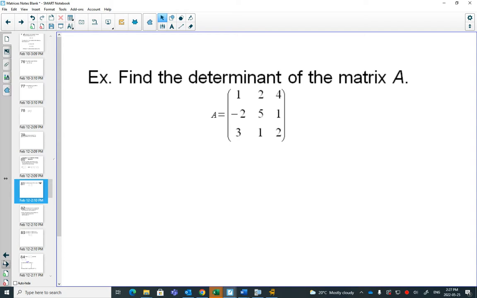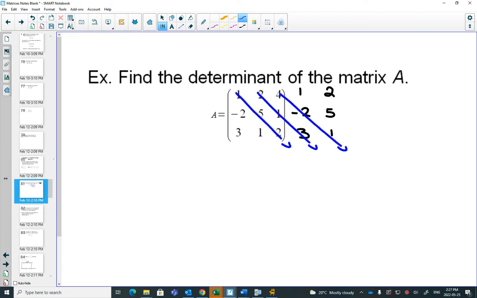So if I was finding the determinant of this one, I would rewrite the first 2 columns, diagonals this way. This will be 10 plus 6 minus 8. Diagonals this way.